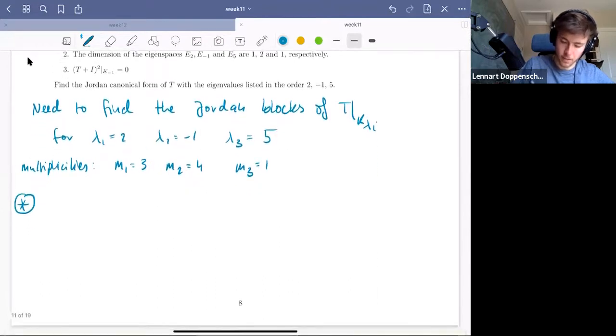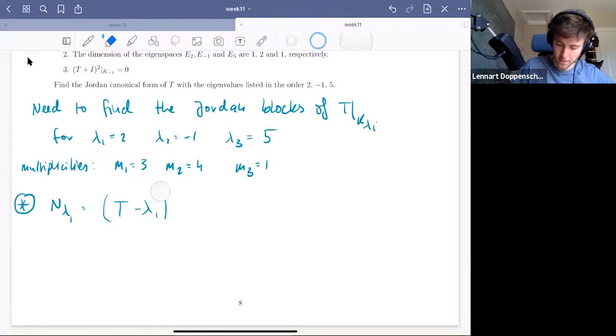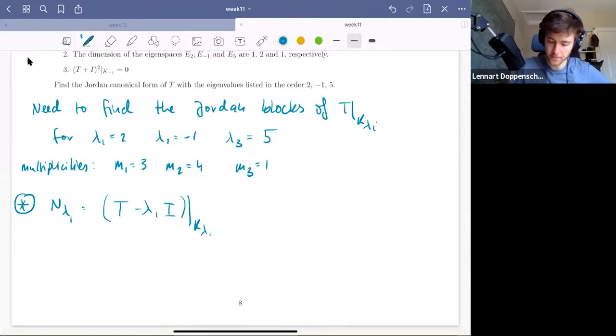We need N of lambda 1, which is T restricted to K lambda 1 minus lambda 1 times I, and we could really just restrict this whole transformation T minus lambda 1 I to K lambda 1.